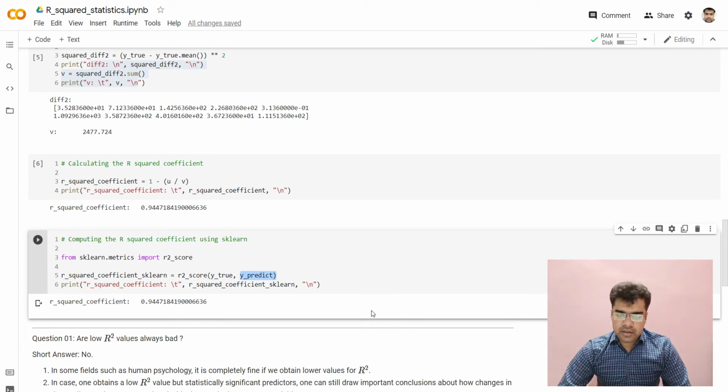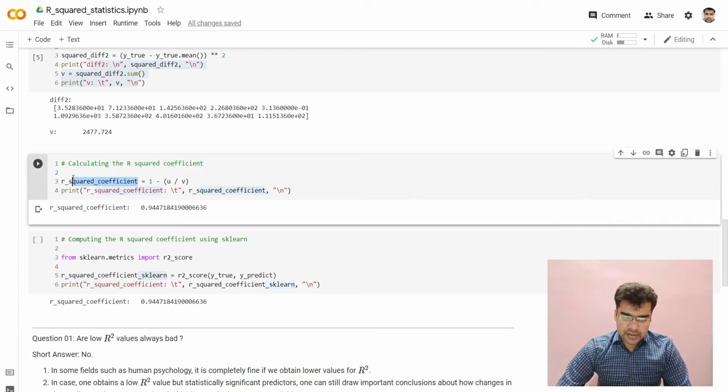So these two values are passed to this R2 score function, and whatever result it gets is stored in a variable R squared coefficient underscore sklearn. This sklearn underscore is indicative of the fact that we are using the sklearn library to compute the R squared statistics. In the previous case, I was implementing it from scratch, so the only variable name was R squared coefficient.